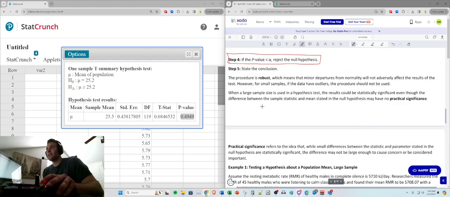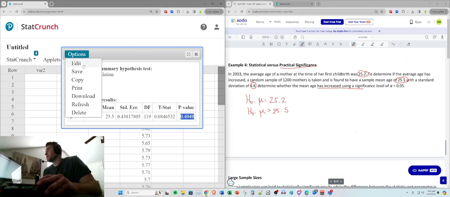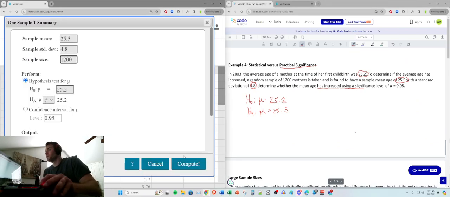A lot of times this happens in stats where you take such a large sample. When a large sample is used in a hypothesis test, the results could be statistically significant, even though the difference between the sample statistic and the mean stated in the null hypothesis may have no practical significance. Okay, so I'll change this back to 1200.